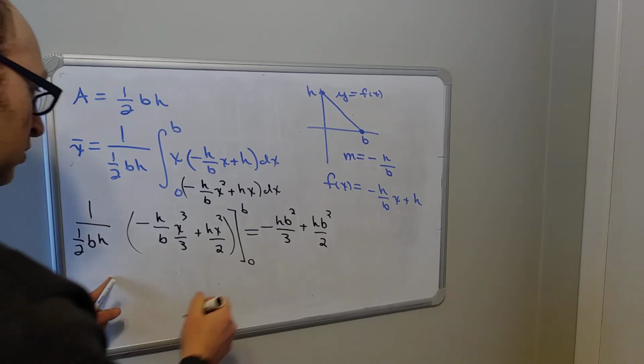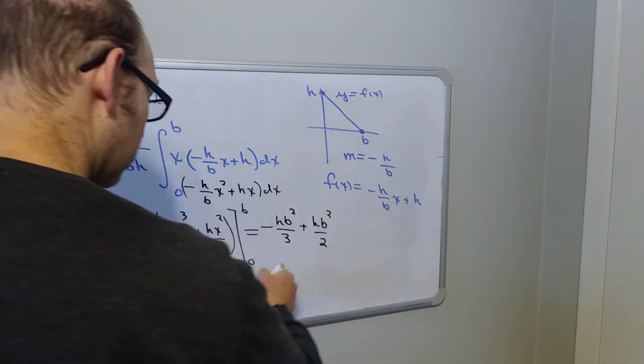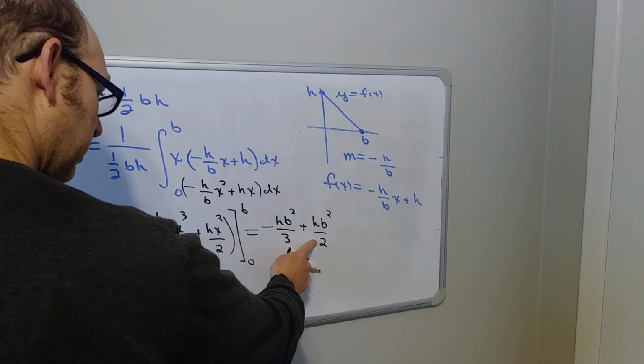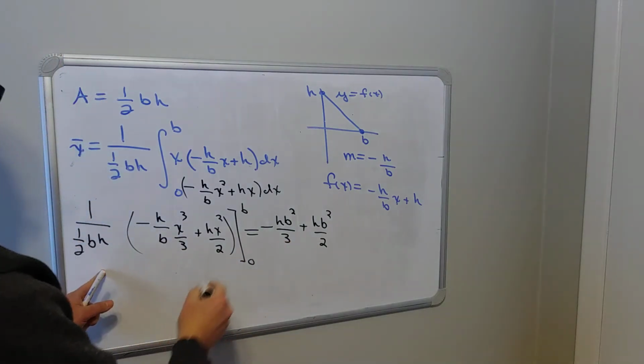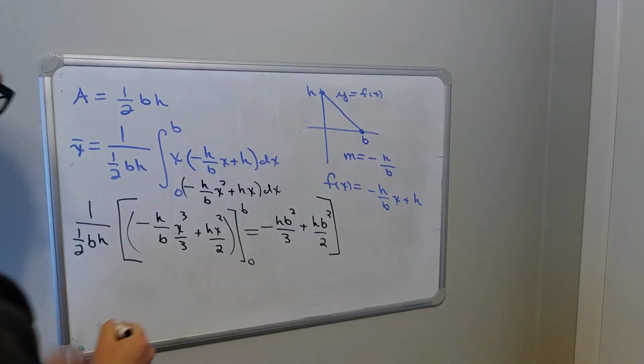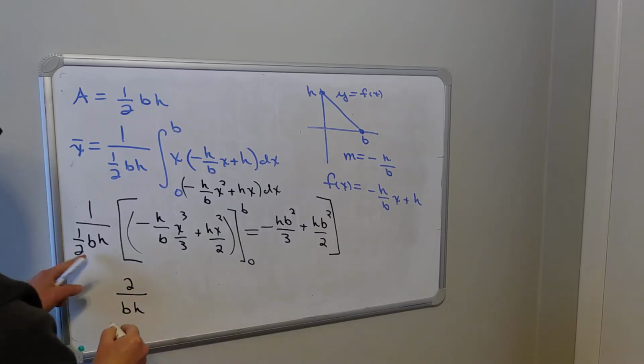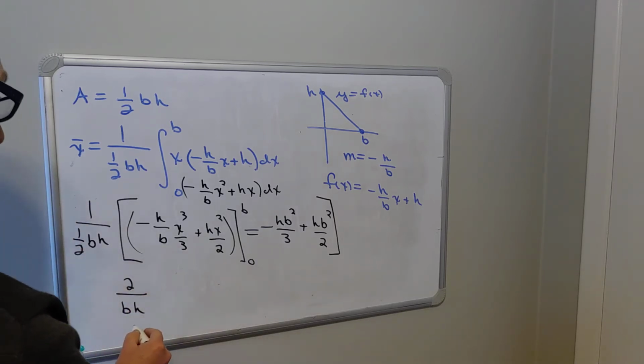These are the same type of terms, so we can combine them nicely. A half minus a third is 1/6. So I still have to multiply by this factor here. So we get 2 over bh, just flipping the 1/2 up.